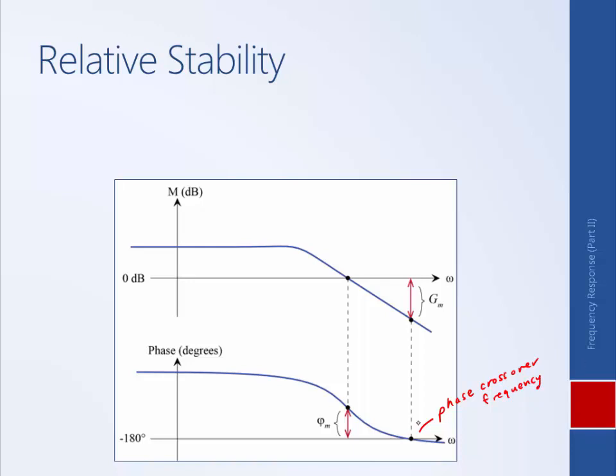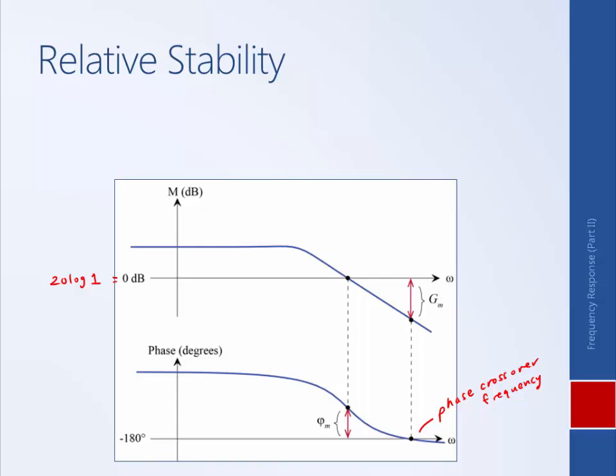So at a frequency where we're 180 degrees out of phase, how far away is the system from going from attenuation to amplification? So here the magnitude plot is below 0 dBs, where 0 dBs corresponds to a scaling of 1. So here we're attenuating the system because we're below the 0 dB line. So how much gain can we add before we reach this point of amplification? So this is the definition of gain margin.